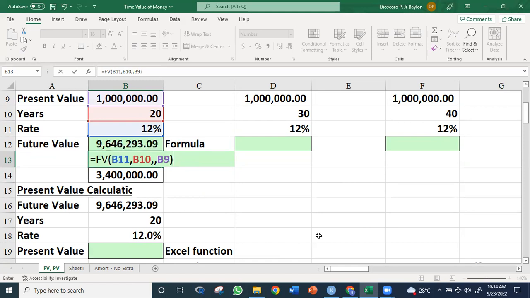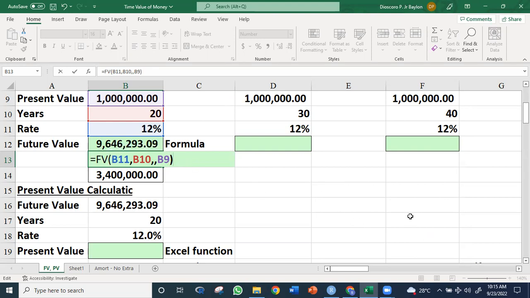Whether you put 0 or 1 there, it doesn't matter, because our annuity is 0 and you don't have any annuity. So let's just ignore that.